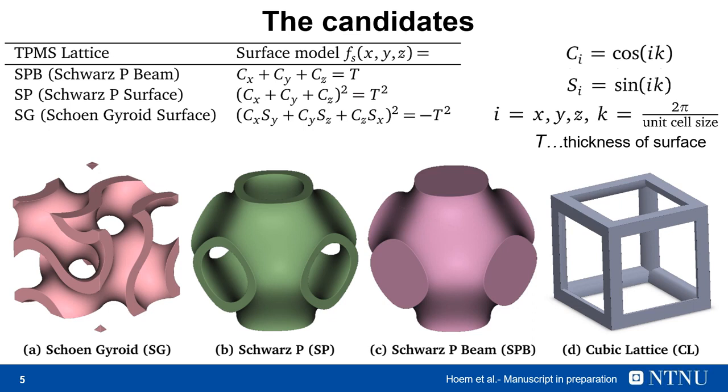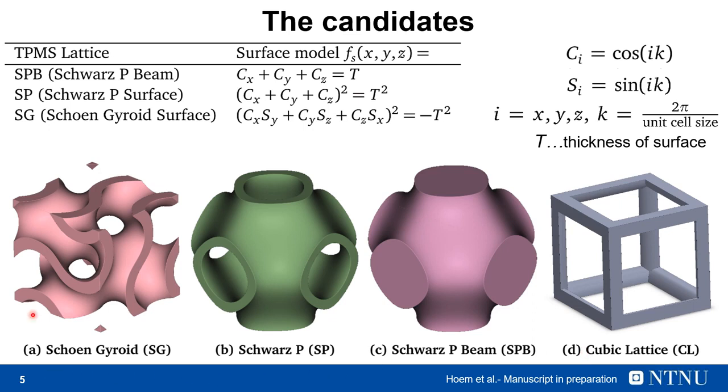The candidates. For optimization of the microstructural morphology, we have 4 candidates. To the left, Schwarz gyroid. Next one is Schwarz-P beam, and cubic lattice.